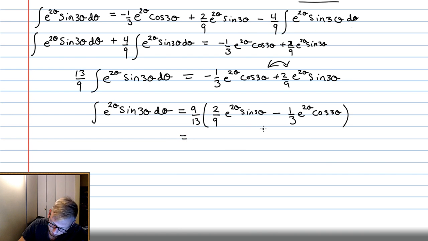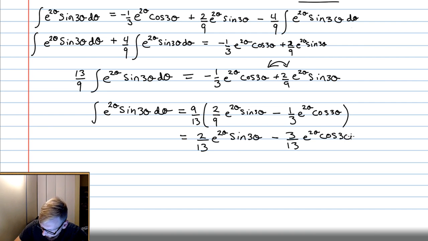And then you can just simplify it out. So the 9's cancel out, so we got 2 over 13 e to the 2 theta sine 3 theta. And 9 and the 3, so that's just going to be a minus 3 over 13 e to the 2 theta cos 3 theta. And you can simplify it even more.